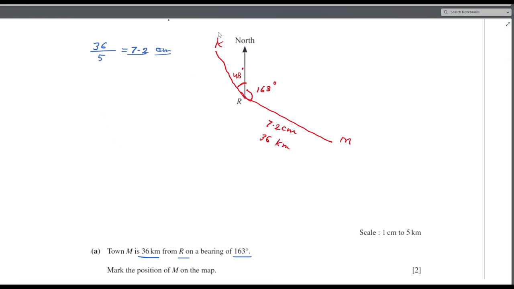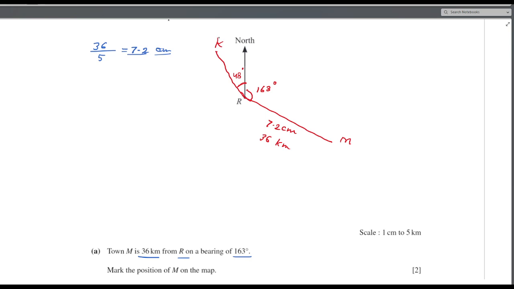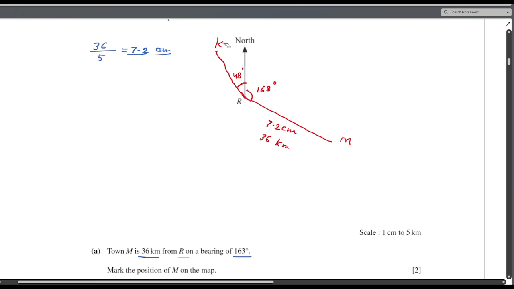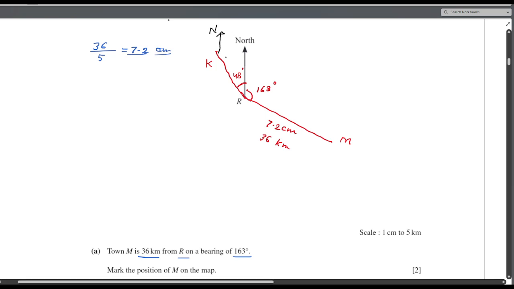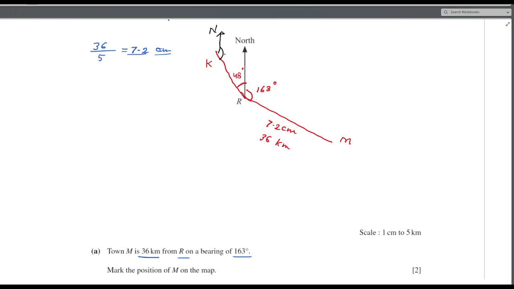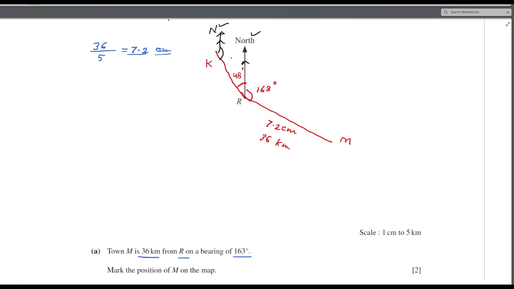Okay, so here at K, we will draw north. Let us write K somewhere here, and here at K I will draw north. Then this particular angle I need to find out. Now I know that the two north lines are parallel, so the interior angles addition will be 180.